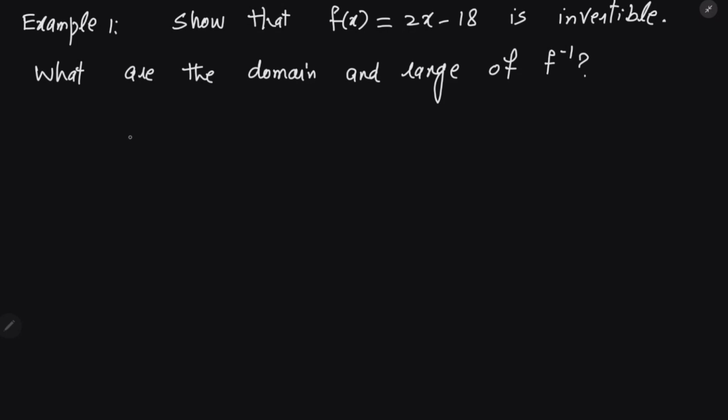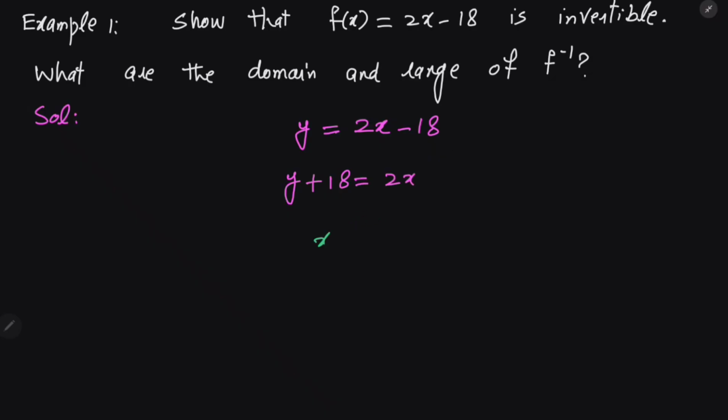So we convert the function f of x into f inverse. What we do, in this case we have y is equal to 2x minus 18. We solve this equation for x. Then we have y plus 18 is equal to 2x.